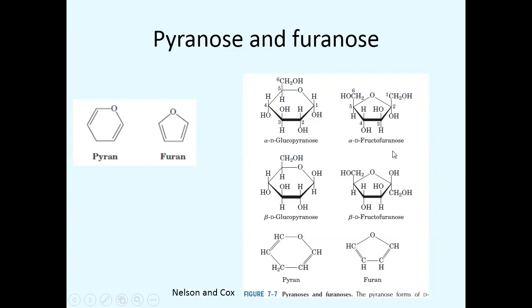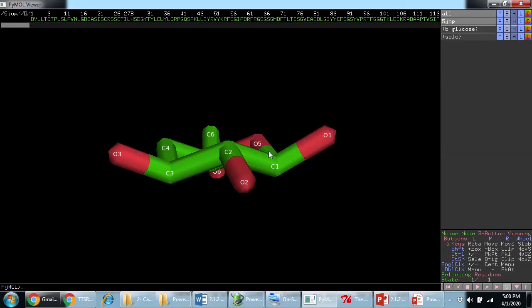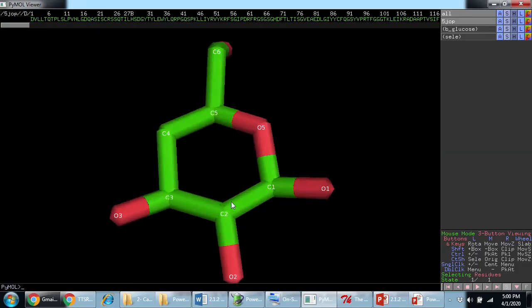I will talk about the alpha and beta anomers of these sugars next. The carbon atoms of sugars are not planar, which means cyclic structures of sugars are not flat. Because of the bond angles, steric clashes and constraints in the molecule, some atoms of the ring are projected above the ring plane while others project down the plane. This is the structure of glucose based on actual bond angles.